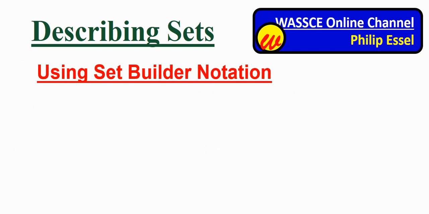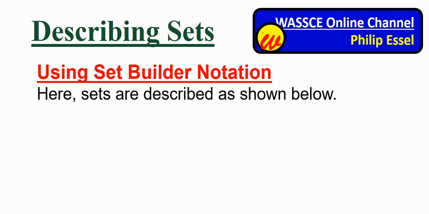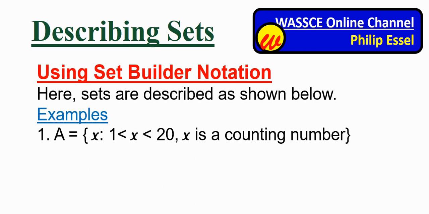Now let's look at the method of set builder notation. With this method, we'll be using the examples shown below to explain what the set builder notation is. Example 1 shows the set A that has been described in set builder notation format.